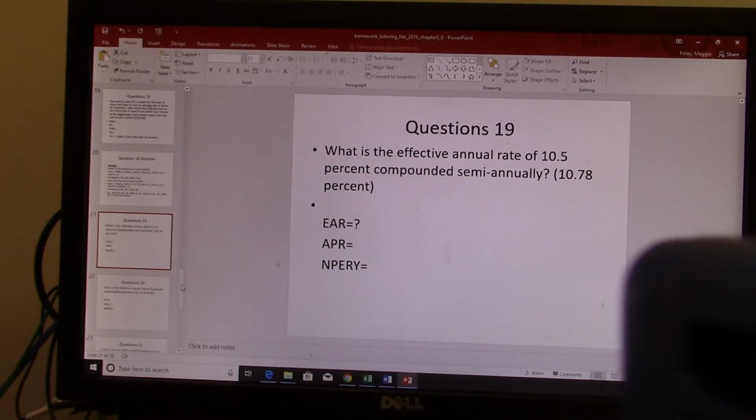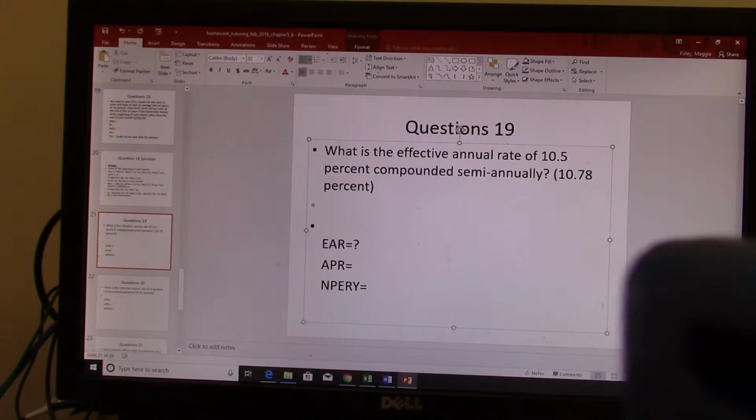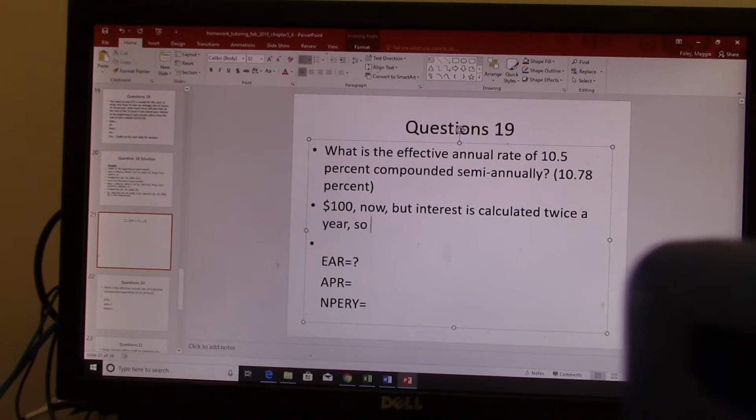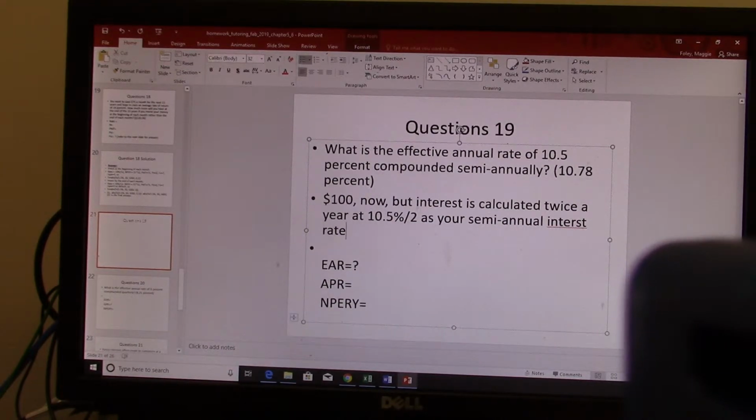It's just like, for example, you deposit $100 now, but interest is calculated twice a year, at 10.5% divided by 2 as your semi-annual interest rate.